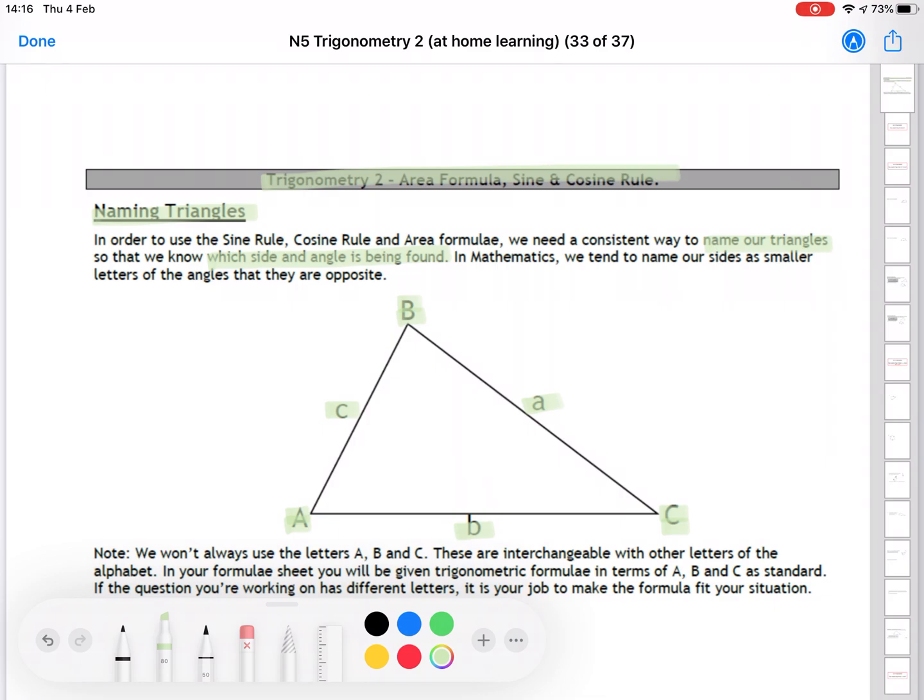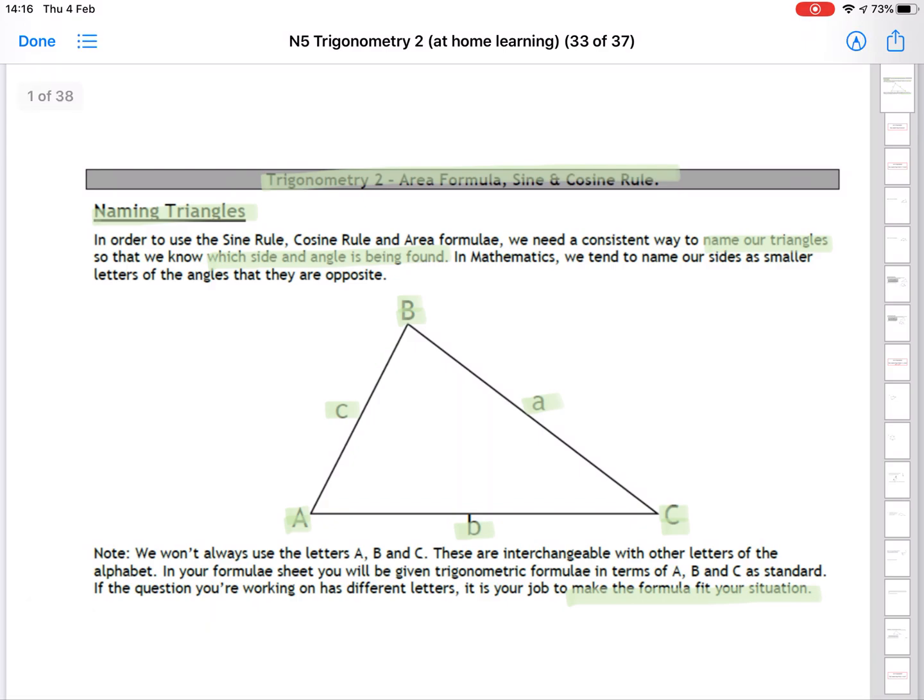So for example, if your question was P, Q and R, you would just put those in the right place in the formula instead of A, B and C. All you have to do is make the formula fit the question you've got in front of you. As we go through, you'll get very used to these formulas, which sides, which angles we're using to find various different things.